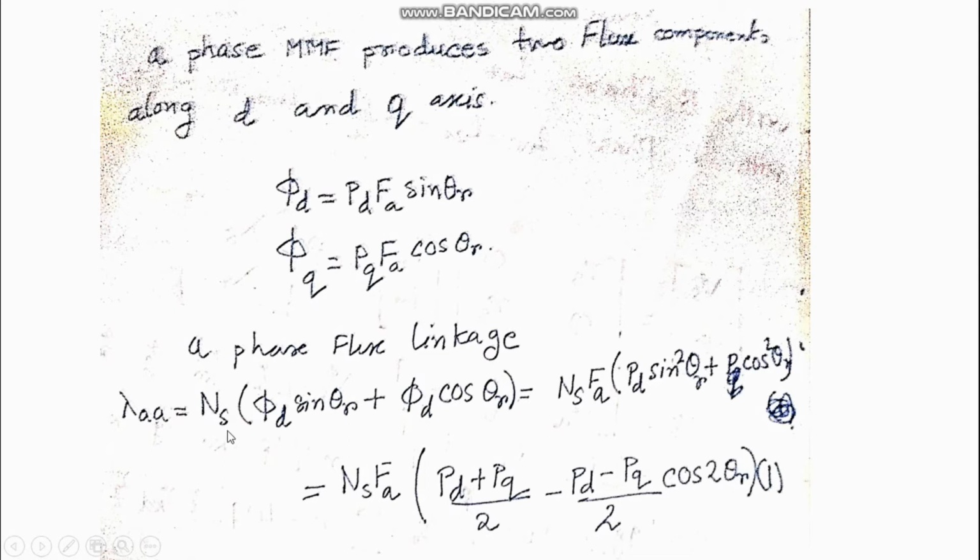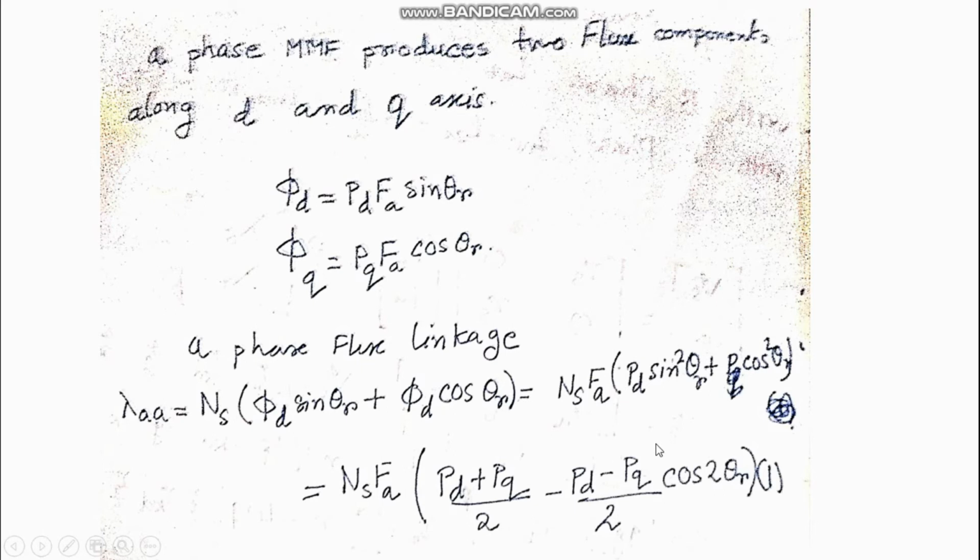Here Ns indicates the number of stator winding turns and we are considering a balanced three phase winding, so all three phases have Ns turns. Multiplying the total flux with the number of turns gives the flux linkage. Here you will see Ns FA times PD sin square theta r plus PQ cos square theta r, and when we put these two values in, we eventually get the term PD plus PQ by 2.